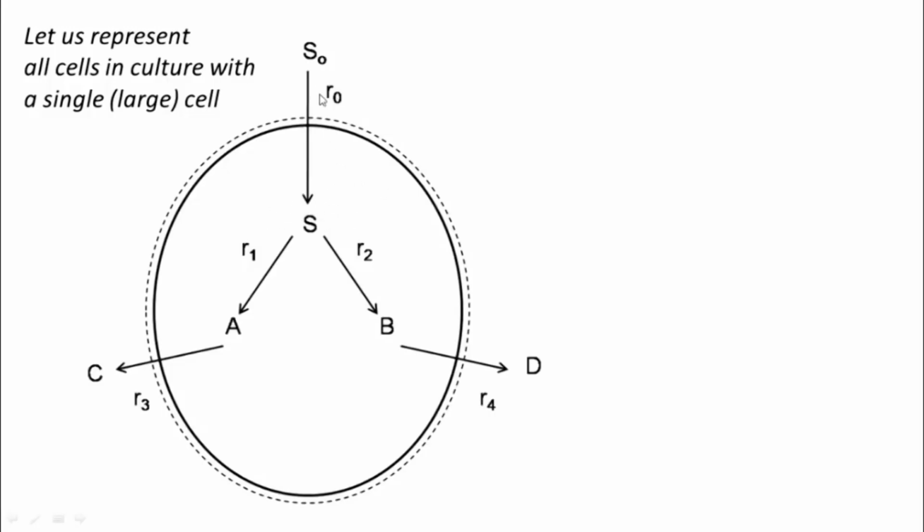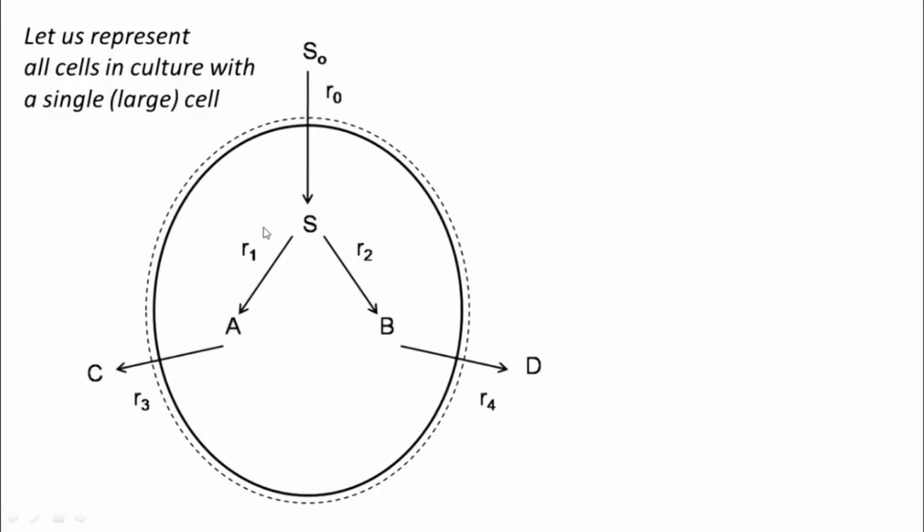And let us consider this set of reactions that are occurring in the cell, a hypothetical set of reactions, but these are good to understand the principles of metabolic flux analysis. S0 is a substrate that's outside, that goes inside and gets converted to S through probably the reaction R0. Then S could get converted to A or B. It gets converted to A at a rate of R1.